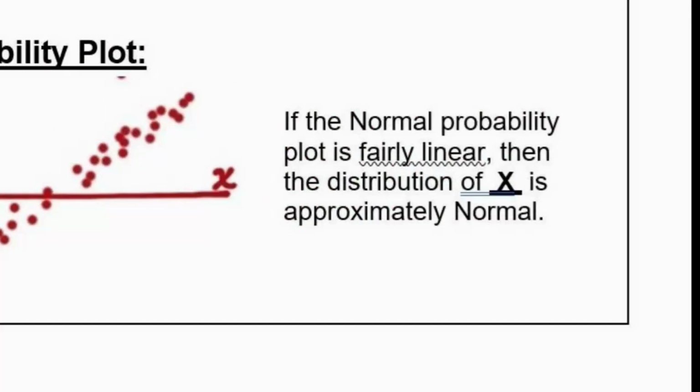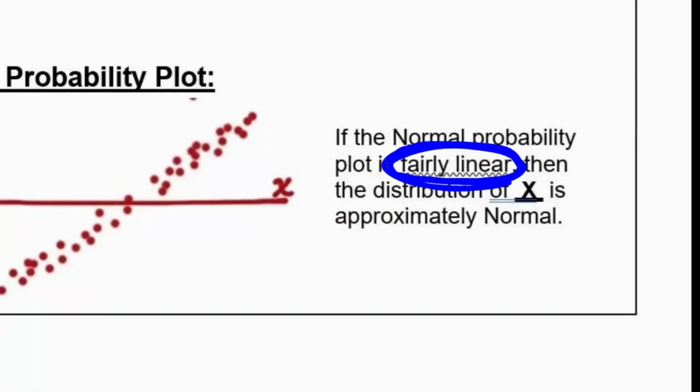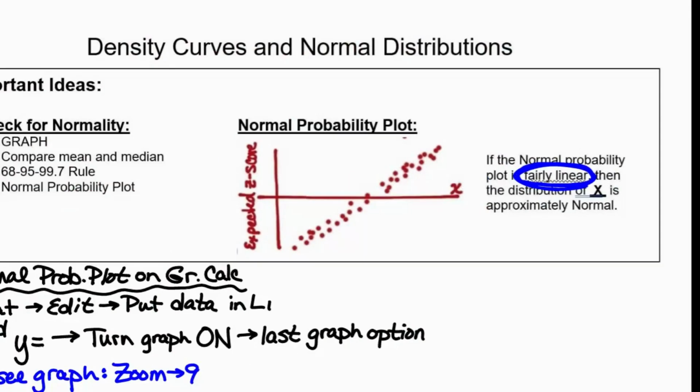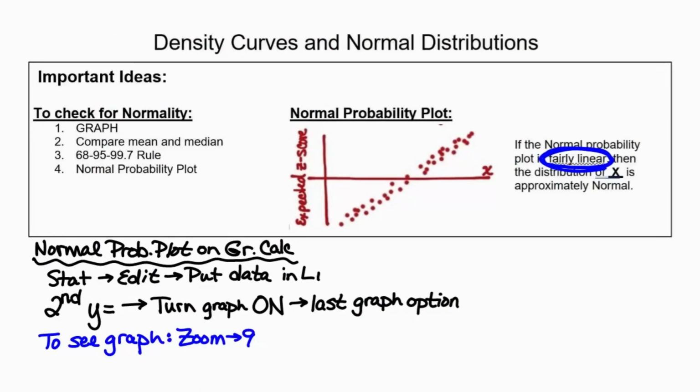And you are looking to make sure that it is fairly linear. So you don't want to see a U-type shape, you don't want to see a J-type shape, you don't want to see curves in that data in the normal probability plot. You should be able to draw in like a line of best fit through that. Needs to be fairly linear, no curves to that.